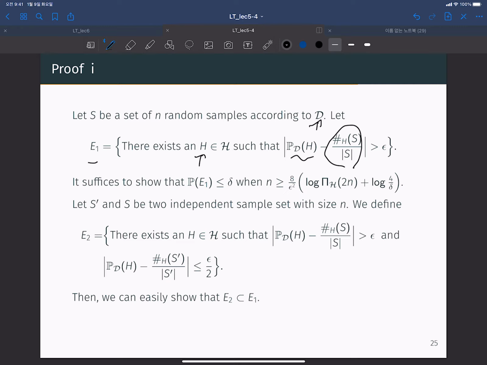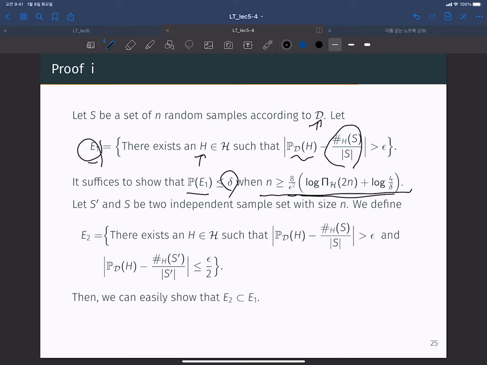So that is the bad event, and we want to upper bound the probability of the bad event by delta, and we want to bound the sample complexity by this.